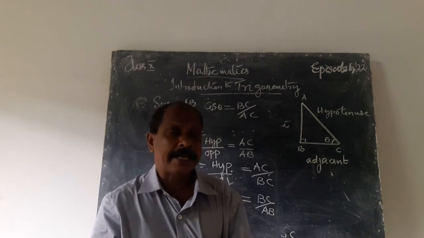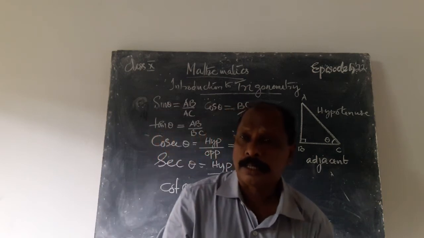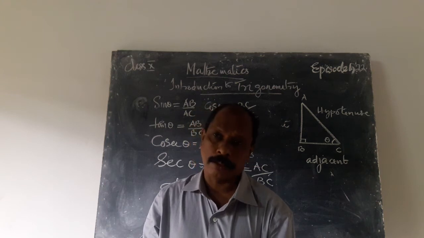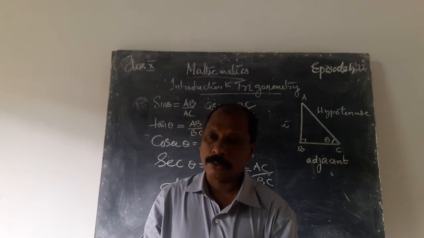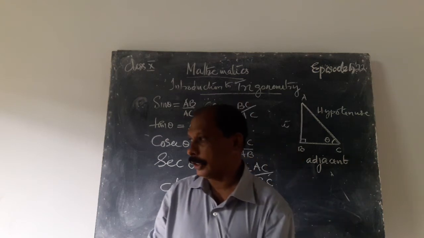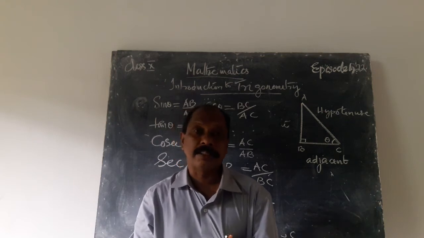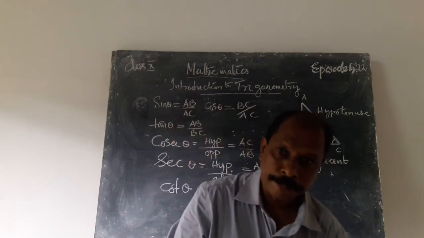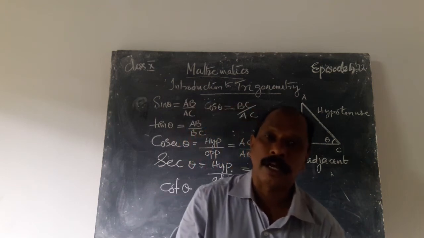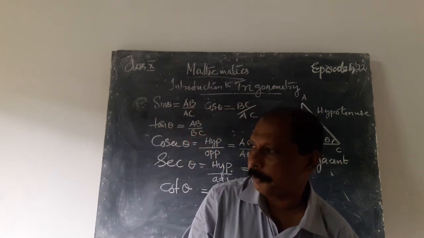Then their reciprocals are the cosecant theta, secant theta, cotangent theta, short form cosec theta, sec theta, cot theta. Cosec theta is the reciprocal of sin theta, sec theta is the reciprocal of cos theta, and cot theta is the reciprocal of tan theta.